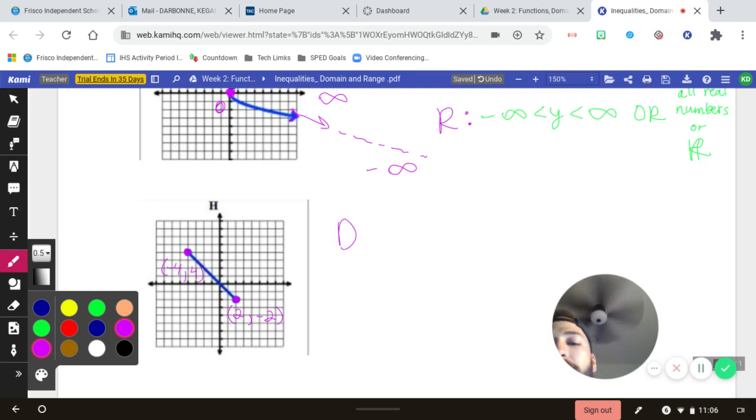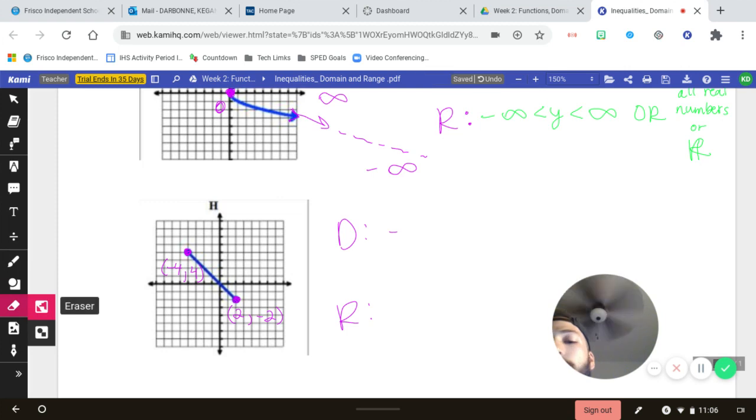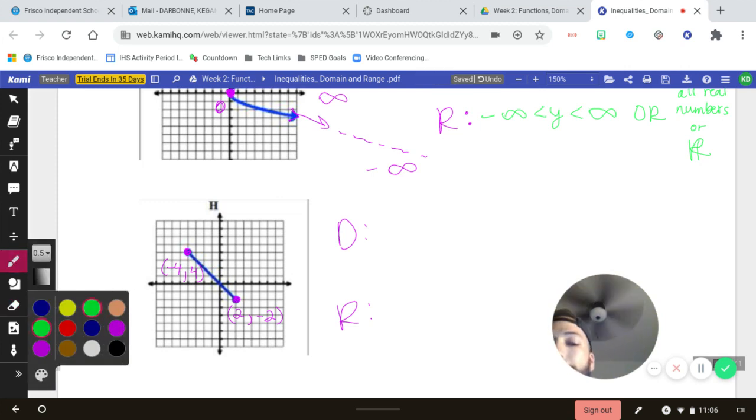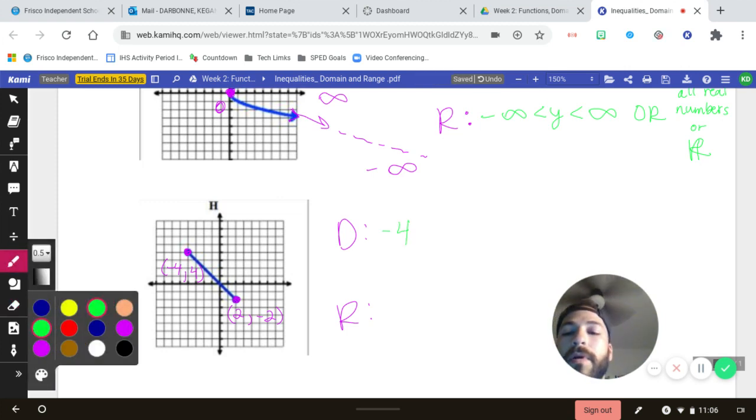So now when we're writing our domain and our range, our furthest to the left domain is negative 4. Our furthest to the right domain is positive 2. X goes in the middle, less than signs on both sides, and both of my points are colored in, so both of these are going to get equals to.